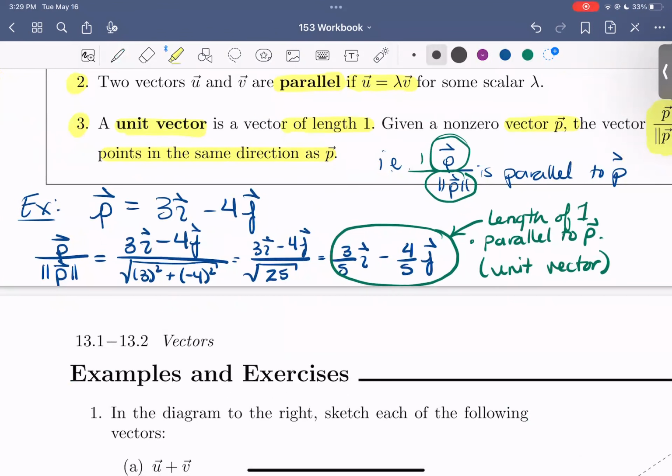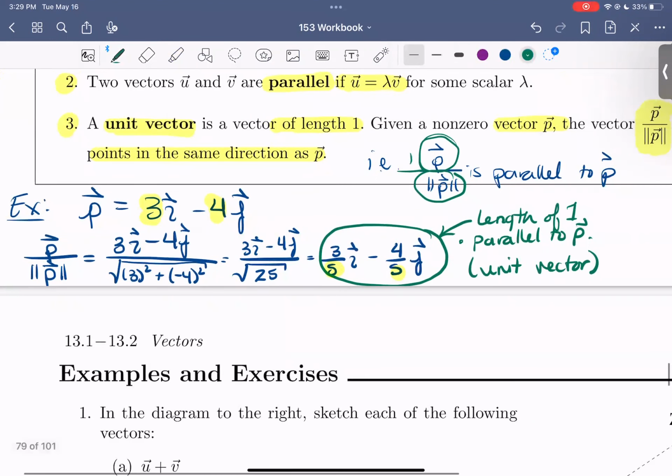And why is that? Well, all that we did was take p and multiply each component by a scalar of 1/5. So yes, it's parallel to p. I'd like you to check that this vector does indeed have length 1. You might be able to convince yourself of it right away, but I encourage you to go through the algebra and the steps to justify to yourself and really see concretely why this vector does indeed have length 1.